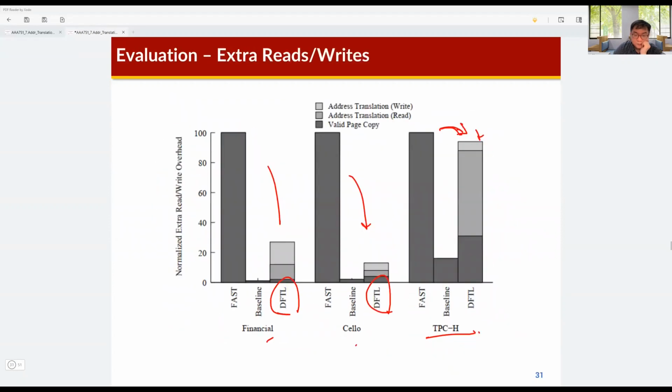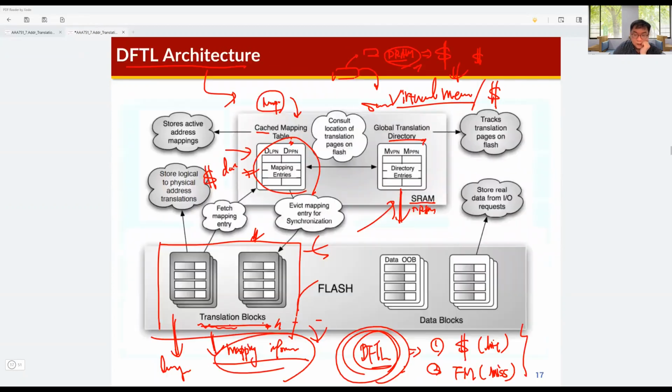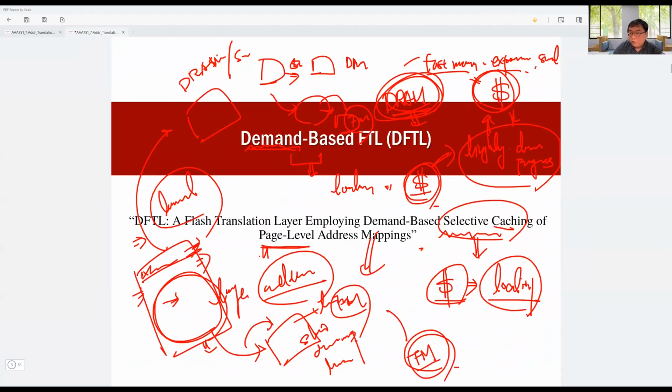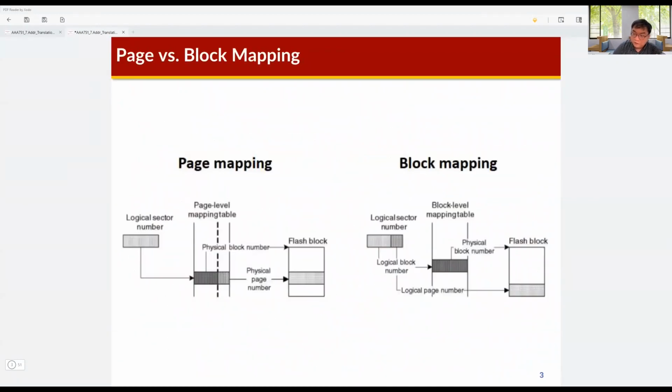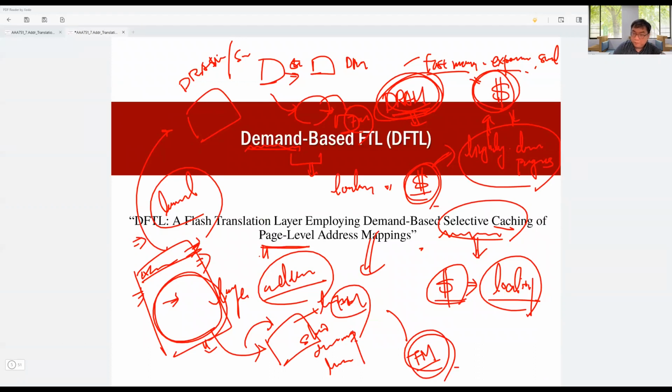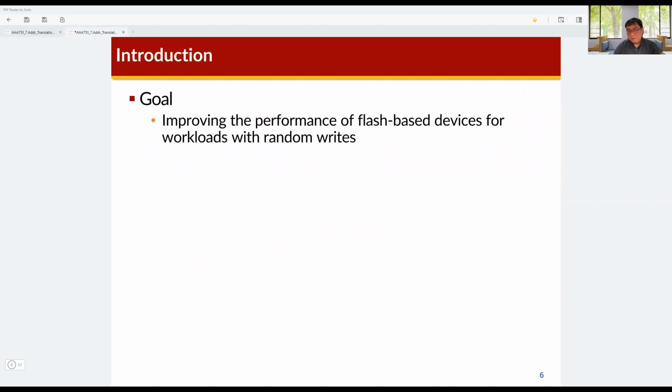So I introduced the page level mapping mechanism, but this page level mapping mechanism used the caching idea in the SSD. Okay, so that means we can merge some early existing ideas into some new area like storage. Actually, this caching idea is also applied to virtual memory, the area of operating systems.